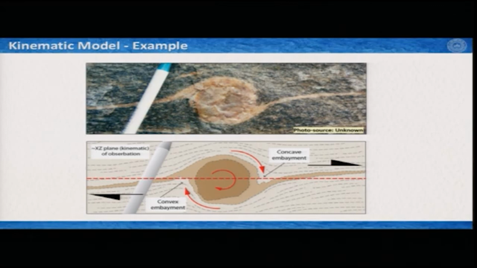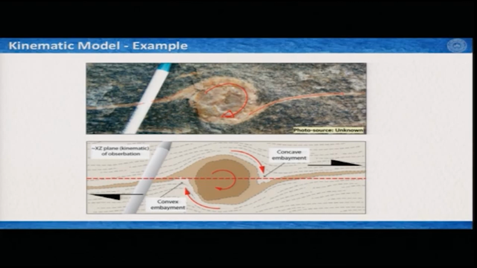Now, if we try to construct this geometric model without all these arrows and so on, this is how it should look. It is possible to look at this structure, and with some other observations, infer that this little ball inside may be rotating this way, and therefore you have tail-like features at both ends.